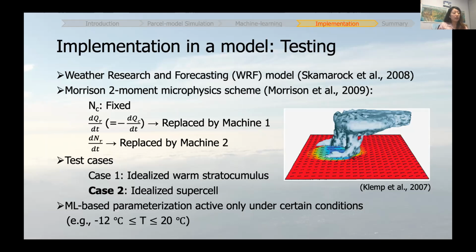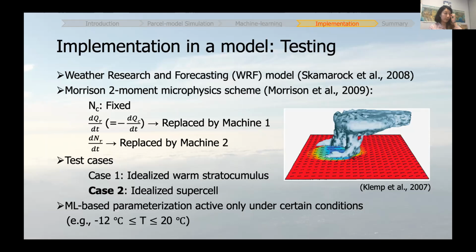I also have to mention that this machine learning based parameterization, or the machine itself, was active only under certain dynamical conditions. For example, a temperature between -12 degrees Celsius and 20 degrees Celsius.